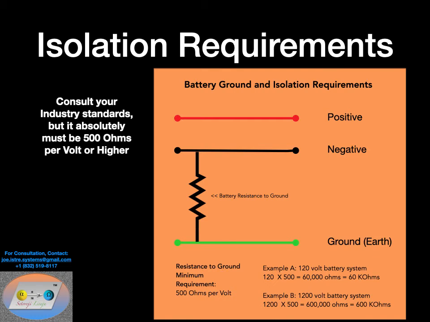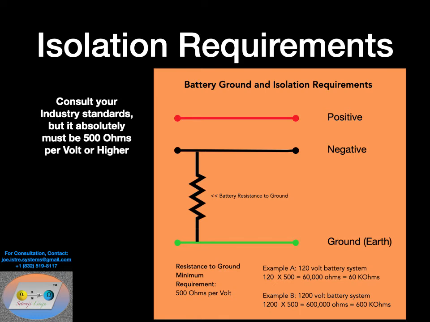Like I said, the ideal is infinite, but in the real world, there's going to be some resistance to ground. The minimum requirement in the electric vehicle standards is 500 ohms per volt. And you want to use this if you don't have any standards within your industry. So if you're in energy storage systems, depending on what industry you are, make sure the minimum requirement for your system is at least 500 ohms per volt.